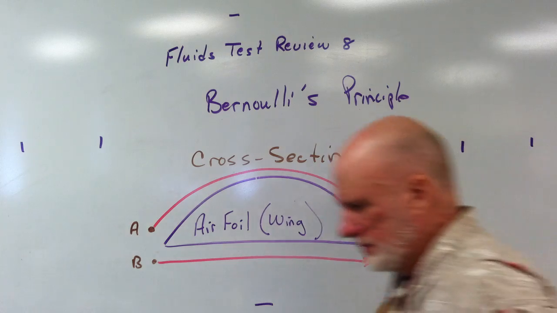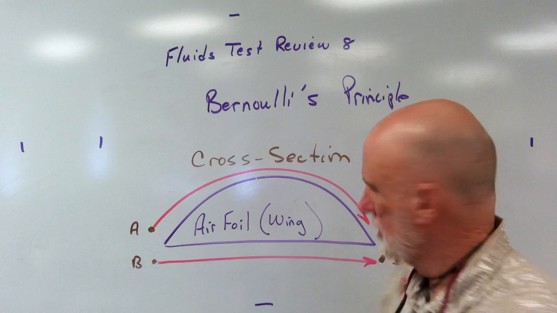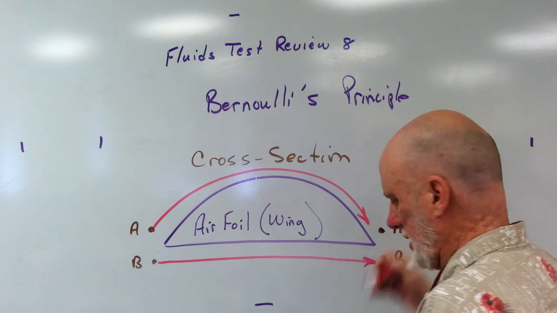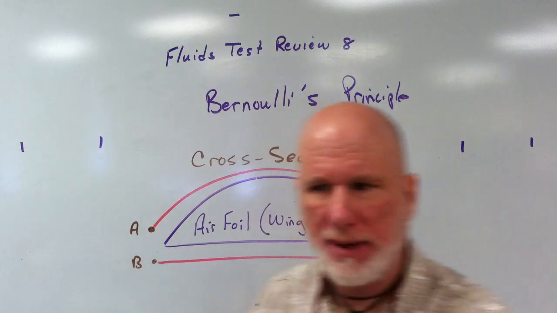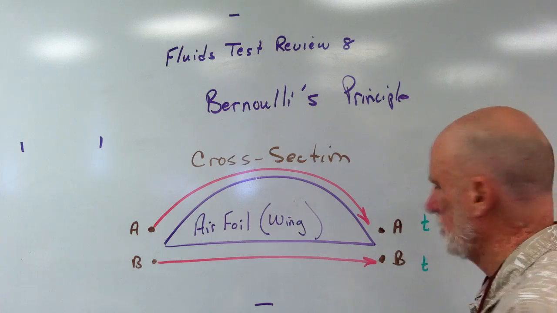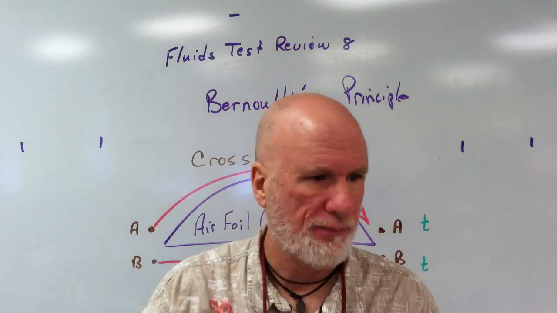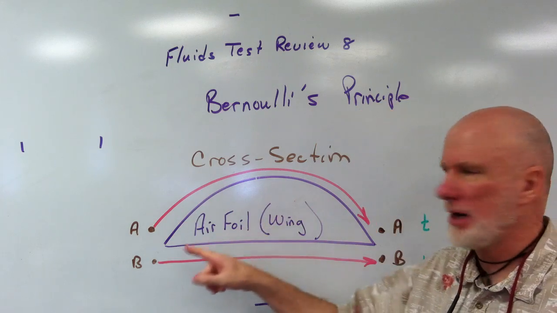So they ended up on the other side of me at the same time, right? So the time is going to be equal. Same time. What has a larger distance? Molecule A or molecule B?